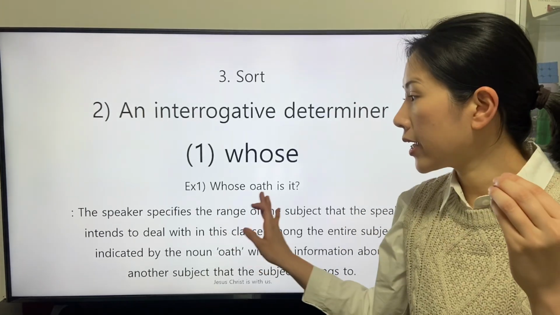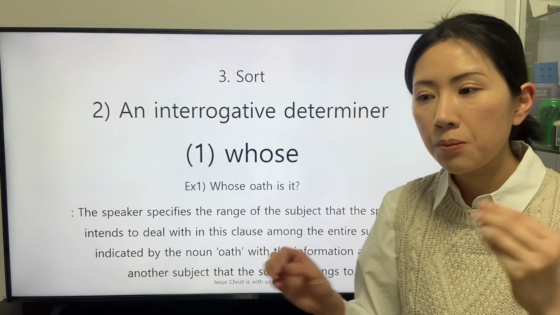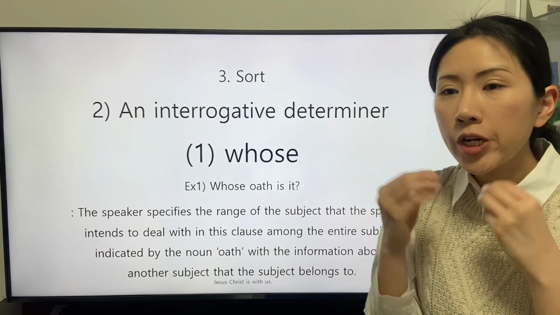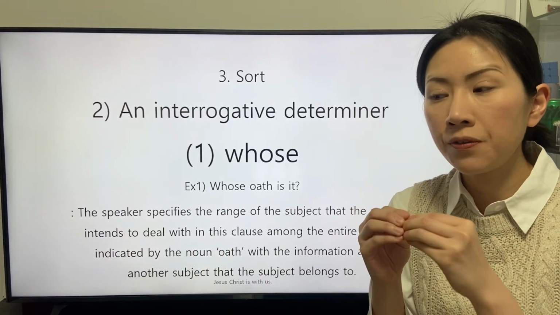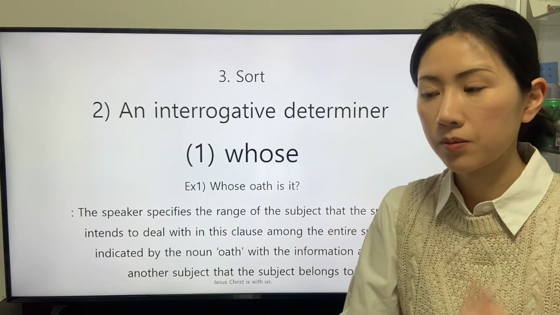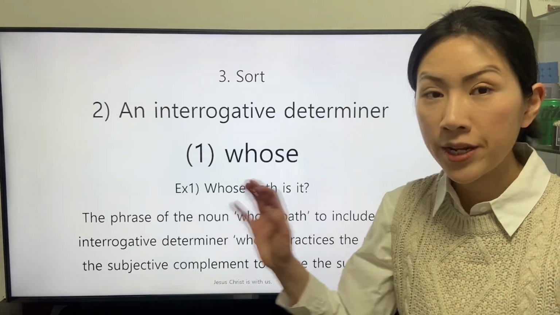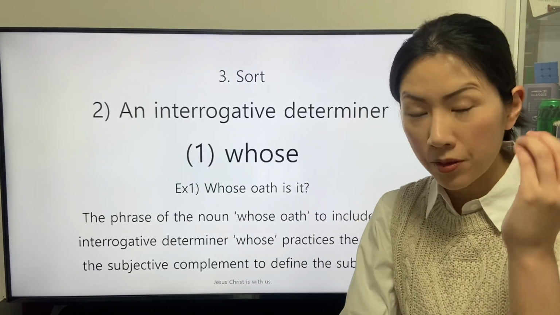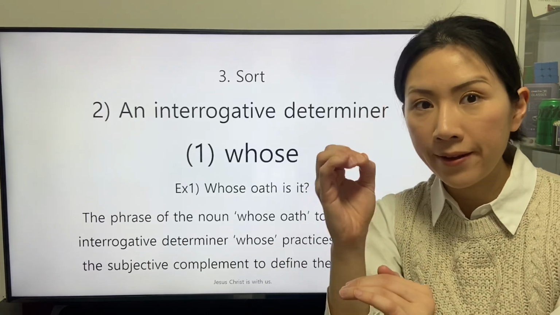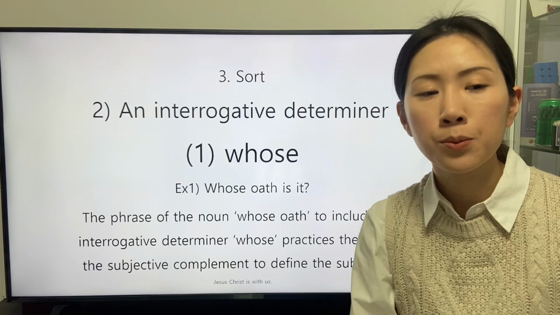The object indicated by the noun oath belongs to a subject, and the speaker intends to figure out the subject. The range of the object indicated by the noun oath is specified with the interrogative determiner whose.